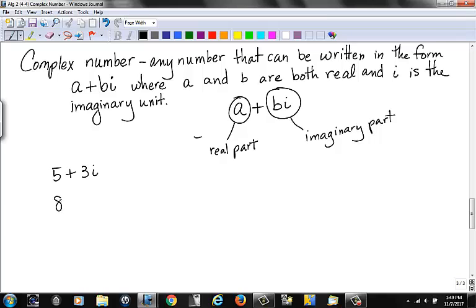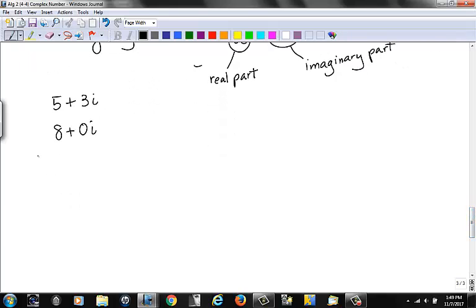If I gave you a number like 8, that's the same as 8 plus 0i. 8 would be the real number, 0i would be the imaginary number. You can do all kinds of operations with the complex numbers. So they will give you problems like this to simplify.